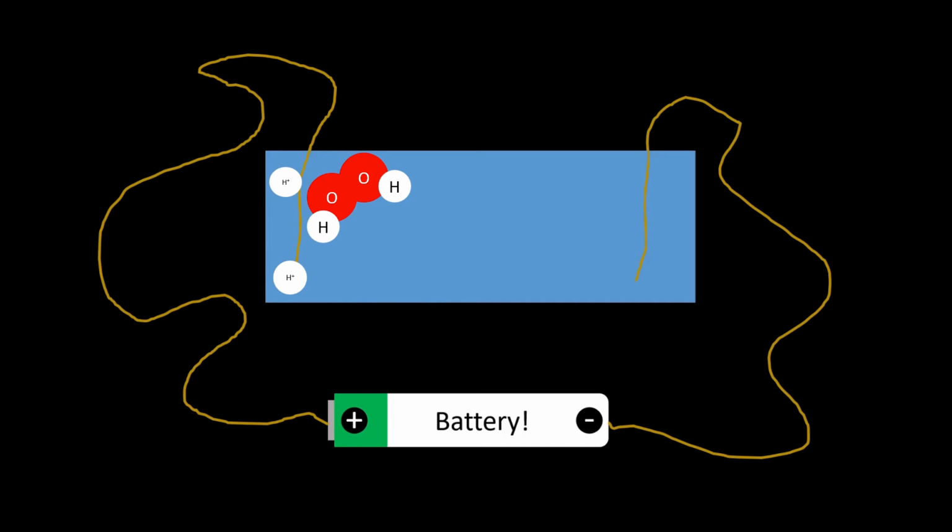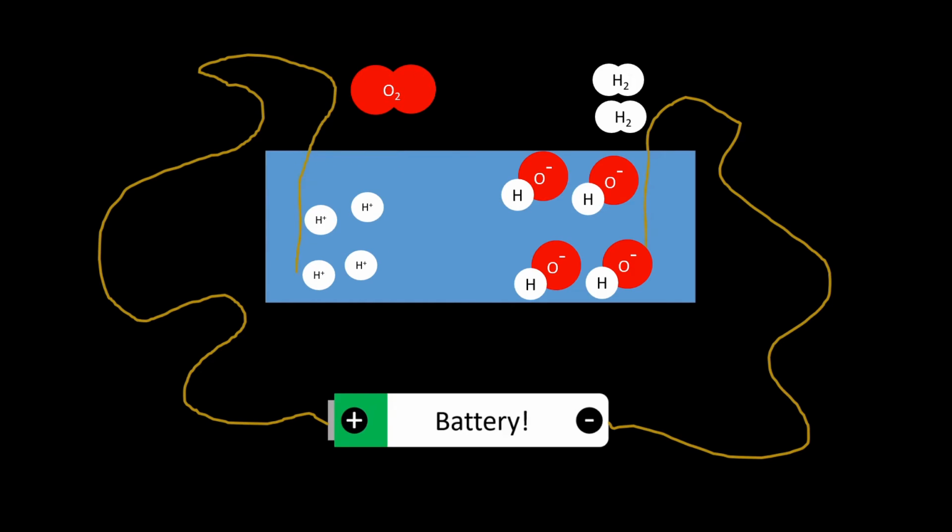This peroxide species would then undergo two more oxidations and give us 4 total protons and a molecule of oxygen. If we look at the combined reactions at both the anode and the cathode, we can see that we've repeated our first hydrogen generating reaction twice.